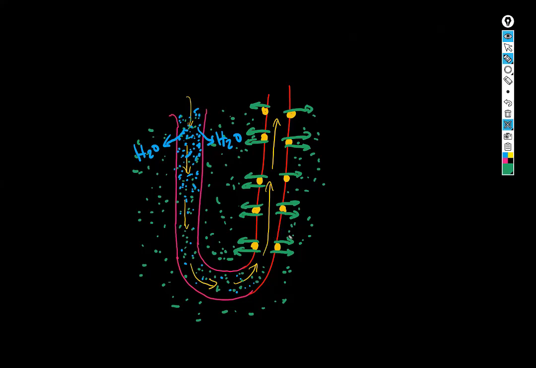And then you see a decrease in sodium chloride as you move up the ascending limb, but your concentration of water compared with the sodium chloride is higher.